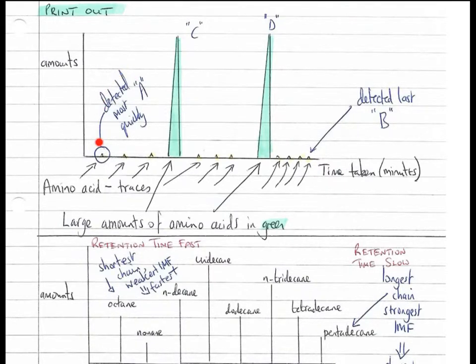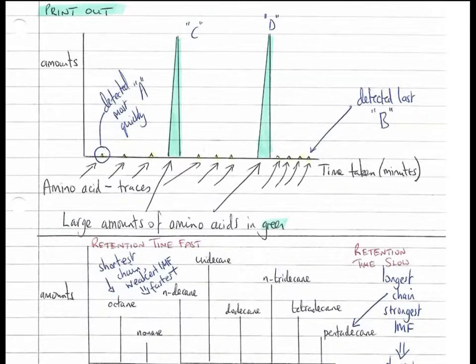Amino acid A, I've labelled it, is detected most quickly, so it has a greater affinity for the mobile phase, so it moves through the gas chromatography machine most quickly. And amino acid B has taken ages to get through the machine, because it has a higher affinity for the stationary phase, that is the brick and the oil.